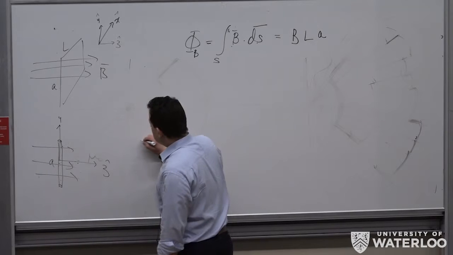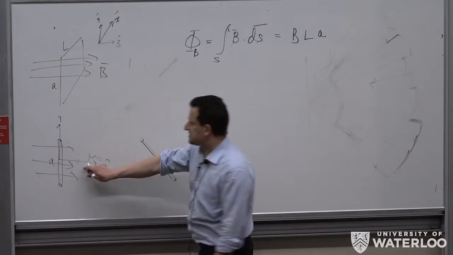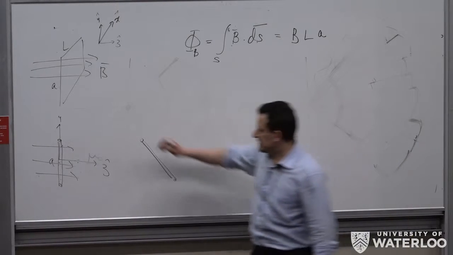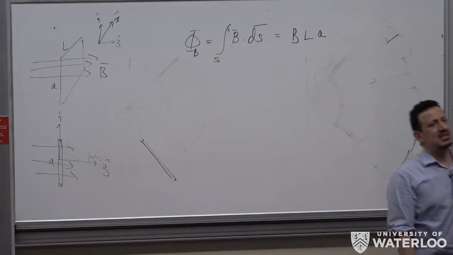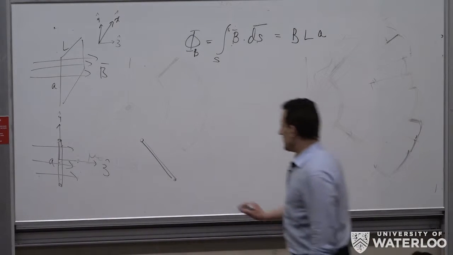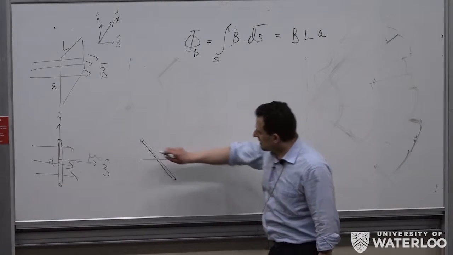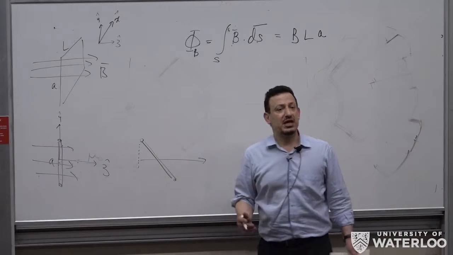Next, I'm going to bend this loop. So it's going to be like this. Again, I'm still looking into the ZY plane, but I tilted this loop. The magnetic field is still going in the Z direction. My question is, how much flux is going to go through that loop?